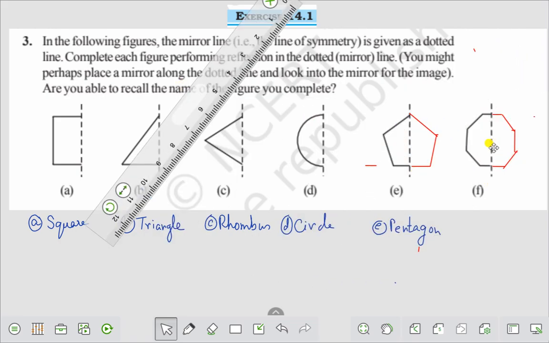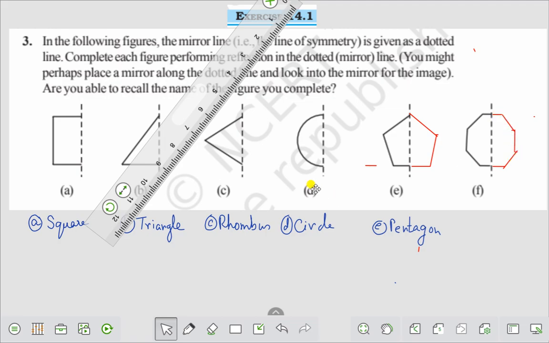Right? You are getting how many sides? 1, 2, 3, 4, 5, 6, 7, 8. There you see there are 8 lines.